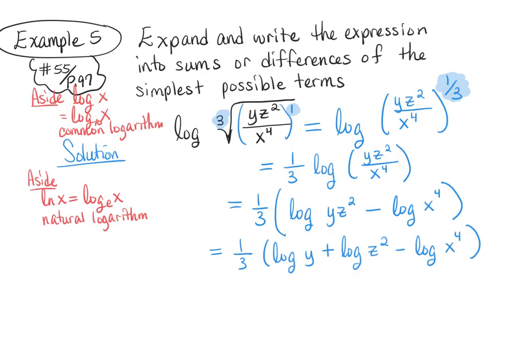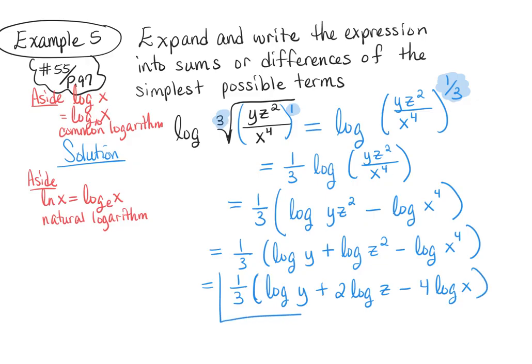But we're not done yet because now we have the log of z squared. Because we have this as an exponent, we can bring the exponent down front using property 3. So this is 1/3 times the quantity, log of y plus 2 log of z minus 4 log of x. And this is our final answer.